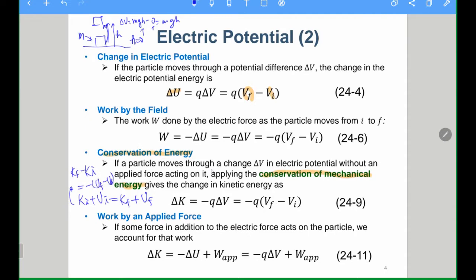This one is delta K, this one is delta U. So we have delta K equals negative delta U, and delta U is nothing but q delta V. So we have an expression like this. If we apply forces to the particle, then there will be work done on it, and the kinetic energy will change.